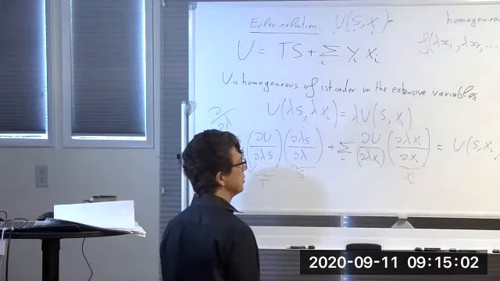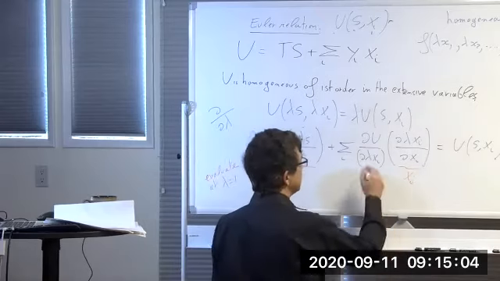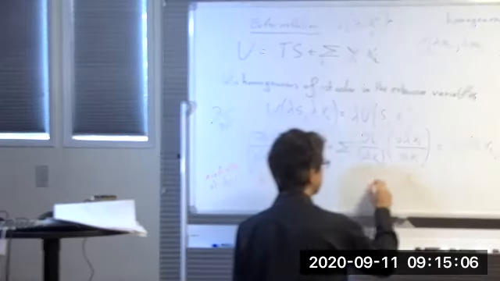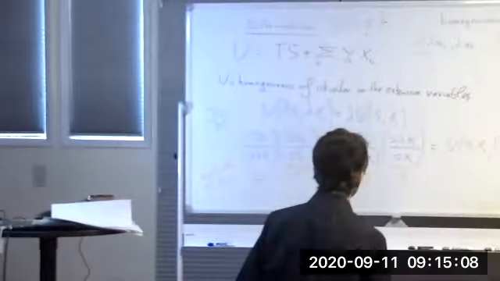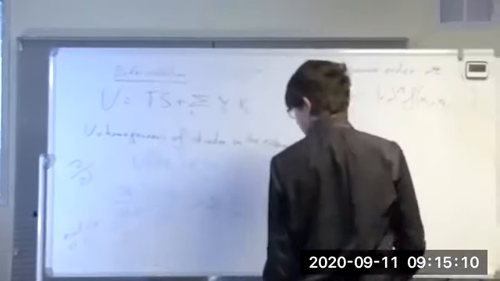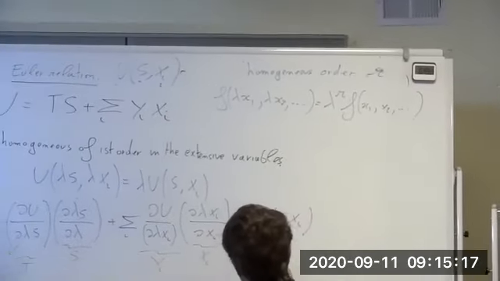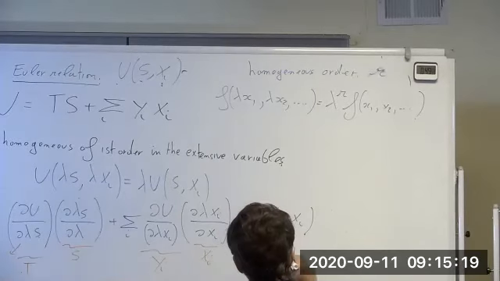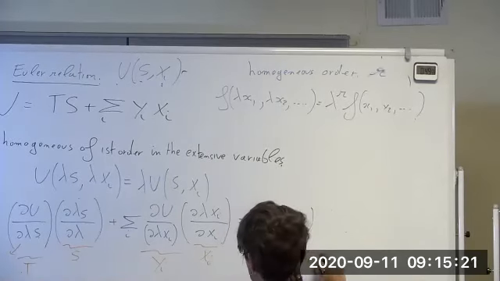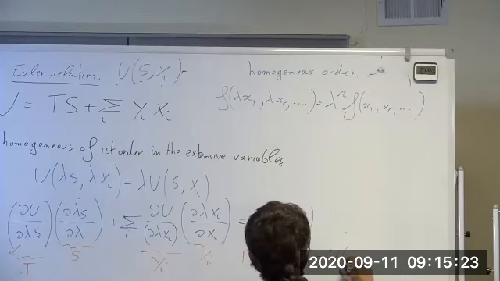Because that's the equation of state. And this here is equal to yi. So I've just proven the Euler relation, right? I've just proven that the left-hand side, TS plus the sum over i of yi xi, is equal to U as a function of S, xi.